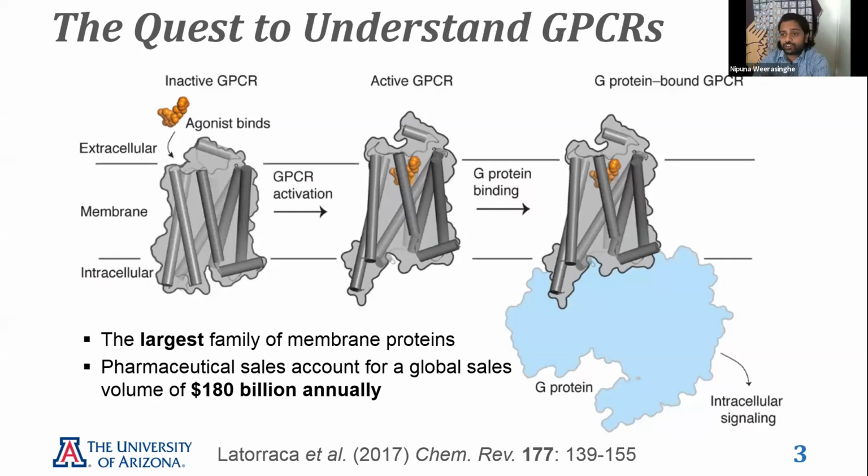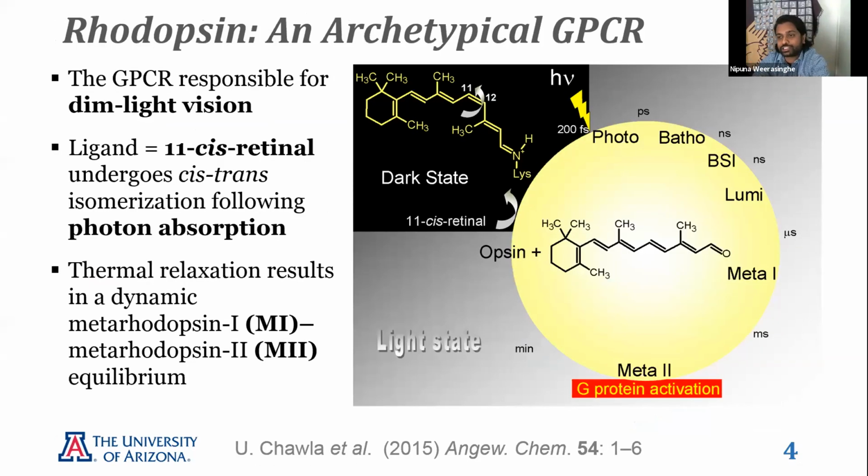So in our group, we use rhodopsin as a model system to study how cellular soft matter affect the GPCR activation process. Rhodopsin is responsible for dim light vision in vertebrates, and they are located in the outer membrane segments of rod cells in our retinas.